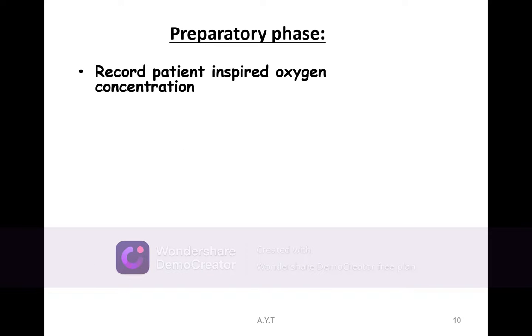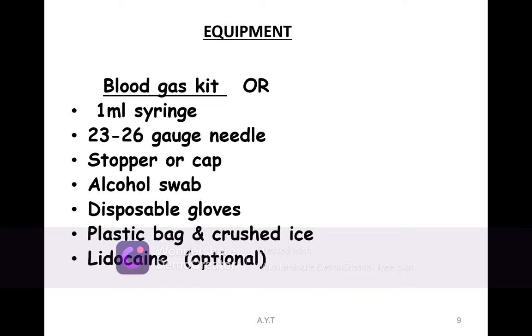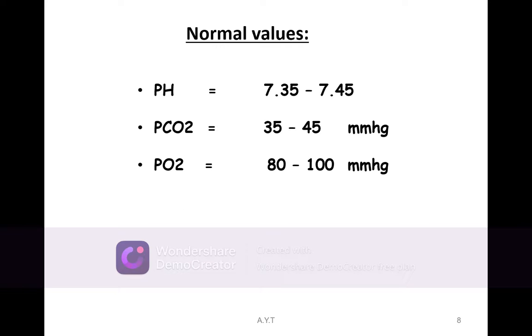What we have previously discussed is the ABG component 7.35 to 7.45. If it is less than 7.35, you are moving toward the acid phase. If it's more than 7.45, you will go for the alkaline phase.